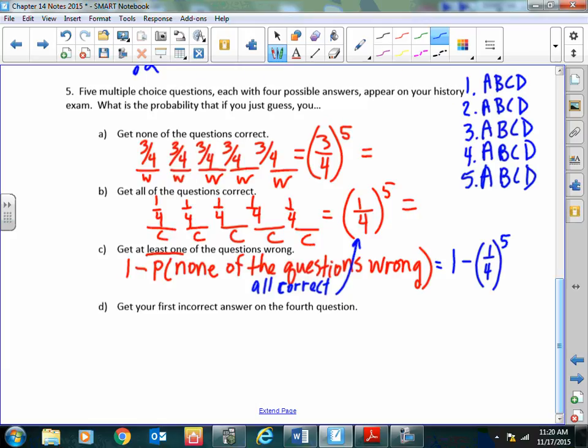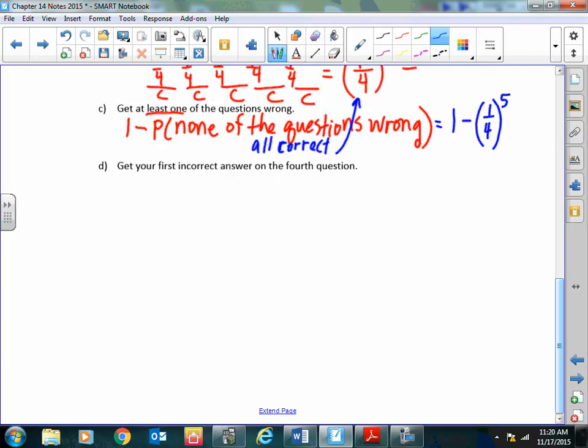All right, now D we haven't seen before. It actually lays out the order in which these things must happen. You got your first problem, your second problem, your third problem, your fourth problem. It defines you get your first incorrect answer on the 4th question, so this 4th one is wrong. What does that mean about the ones in front of it? They were correct.